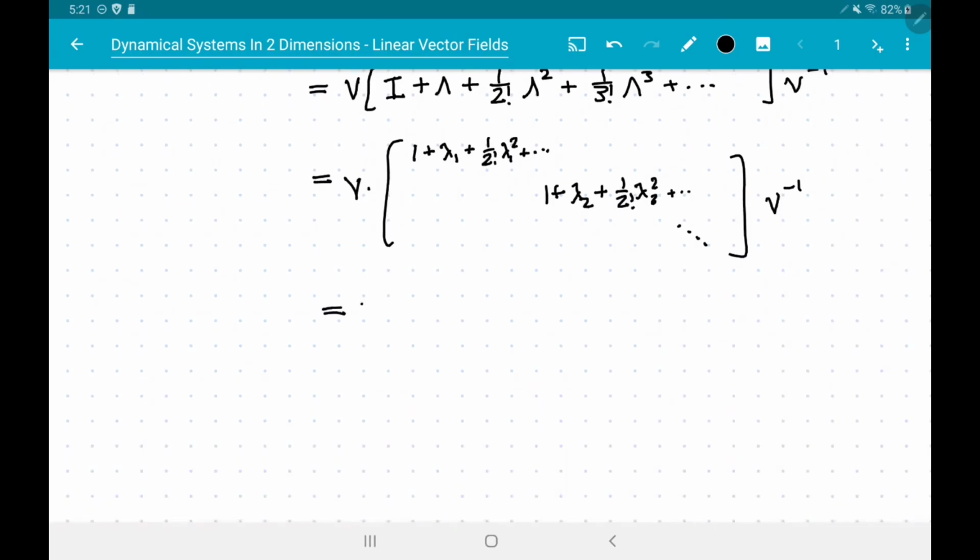So what we end up with is v times e to the lambda 1 on the first diagonal slot, e to the lambda 2 in the second diagonal slot, and so on. So computing matrix exponentials in the case of a diagonalizable matrix is really not too hard. So here we go, there's exp m.